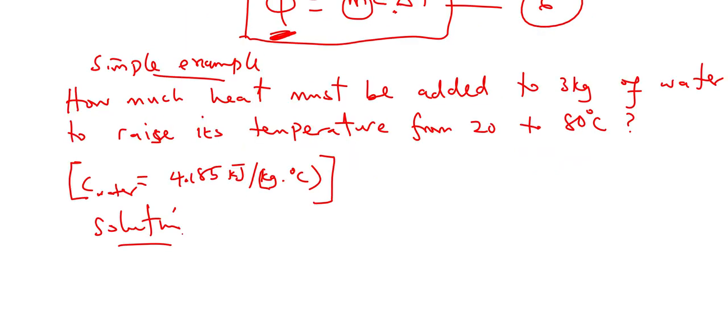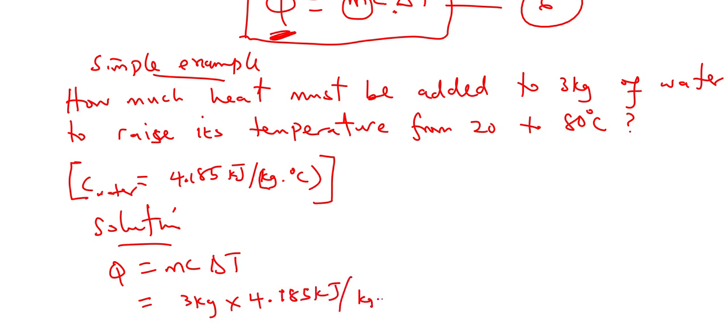Let's take this simple example. How much heat must be added to 3 kilograms of water to raise its temperature from 20 degrees Celsius to 80 degrees Celsius? So we use equation 6. Q equals mc times the change in temperature. m is the mass, which is 3 kilograms. c is the specific capacity, in this case given as 4.185 kilojoules per kilogram per degree Celsius.